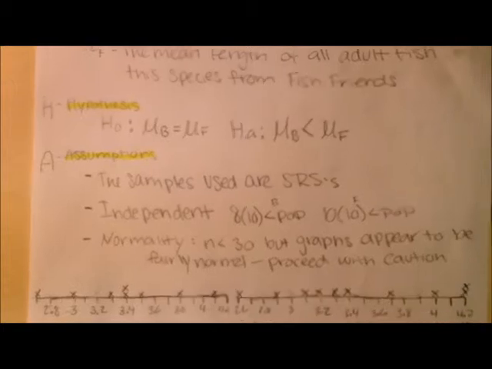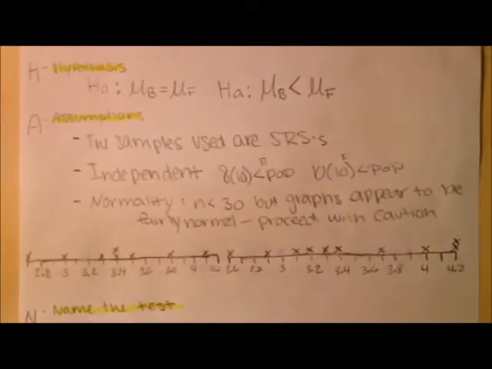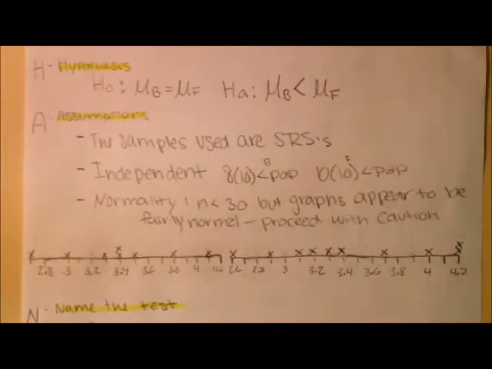In order to do this test, we have to state a certain set of assumptions, or A: randomization, independence, and normality. We assumed that the sample was an SRS, and then we also assumed that they were independent, or that 8 times 10, or 10 times 10, is less than the total population of fish from both stores.